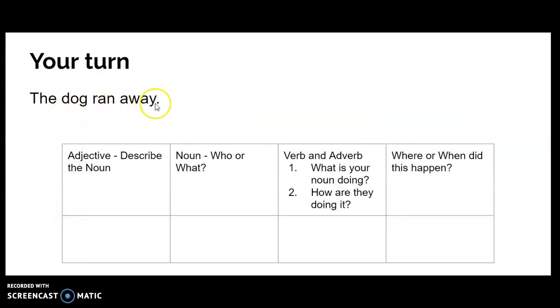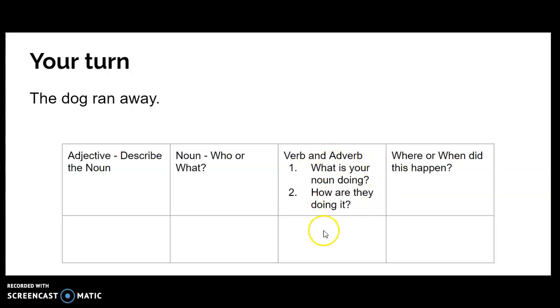The dog ran away. So the first thing we do is identify the noun, the who or the what. Okay, oops, sorry, let's go back. The dog ran away. So first the dog is going to be right here. Then we're going to say, what kind of dog is it? Okay, it could be a German Shepherd or a crazy dog or a super active dog.